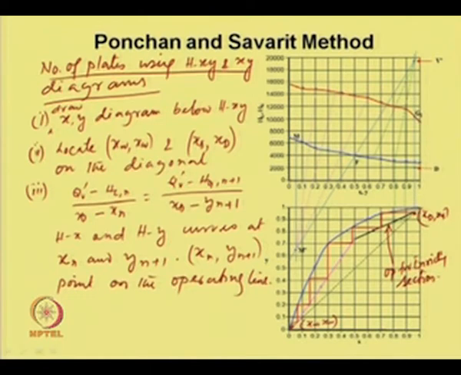Similarly, if we start drawing different lines from point M dash in a similar procedure, we could obtain the operating line for the stripping section. This is the operating line for the stripping section.